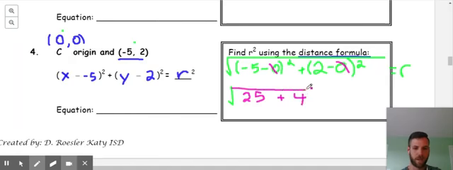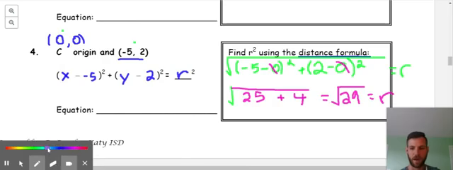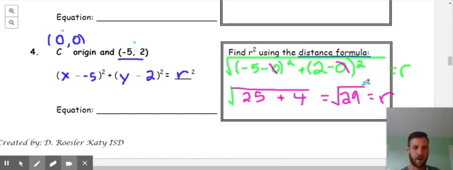And so that means our square root is going to end up being the square root of 29 equal to r. Now we could put that into our calculator, but we don't even need to bother, because what I'm going to do now is just square both sides, and it turns out that would just give us 29 being equal to r squared.